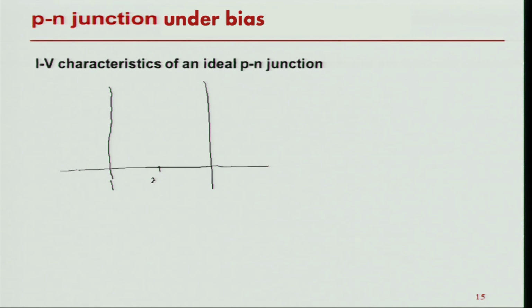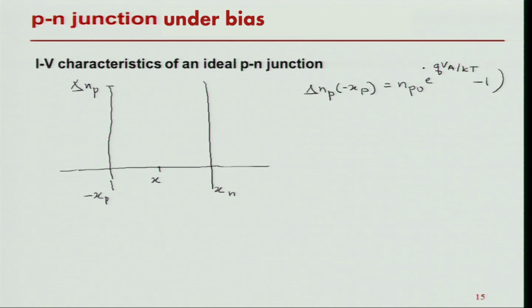This is the depletion region beginning, and I have calculated that excess concentration at this point, delta n in p at minus x p, is going to be given by the equilibrium concentration of n in the p region times the exponential of q V A over k T minus 1.